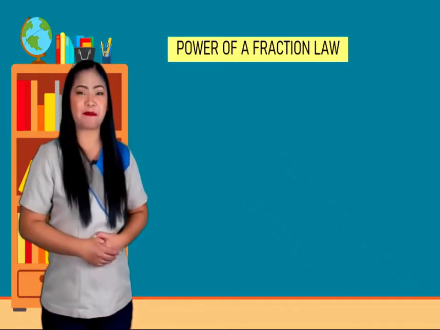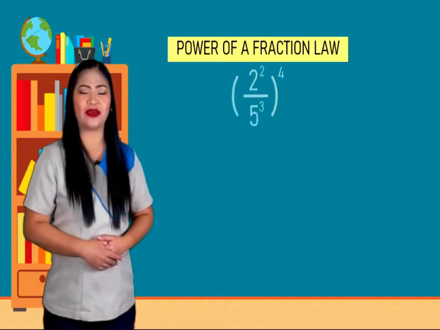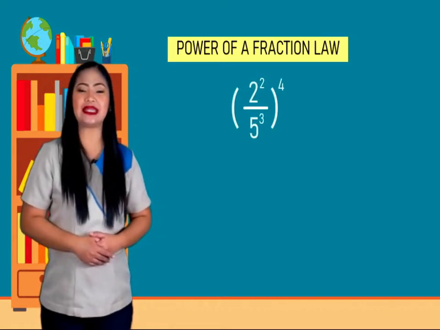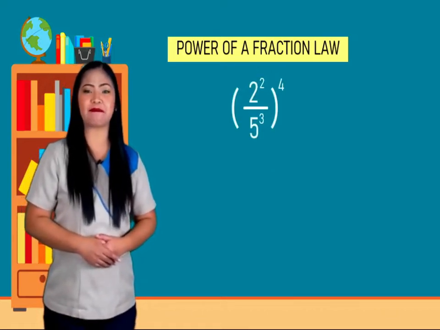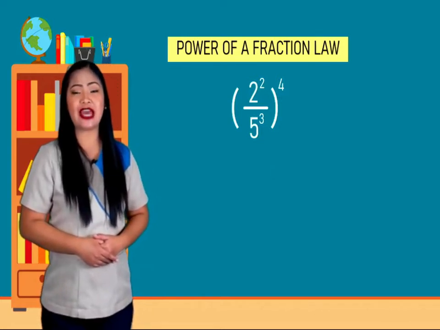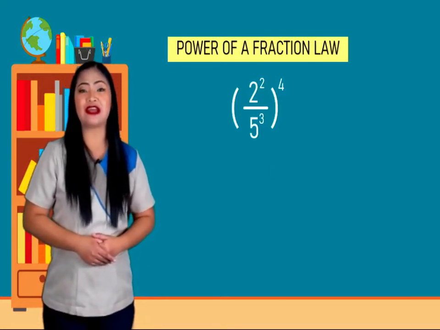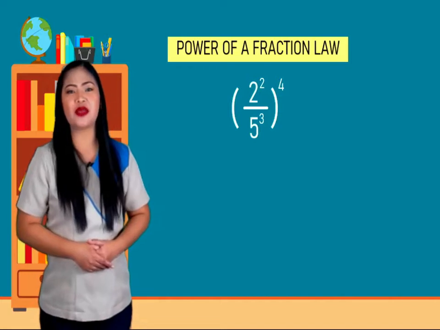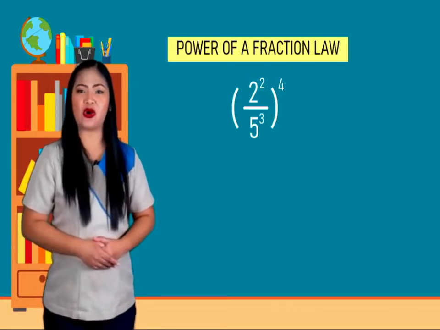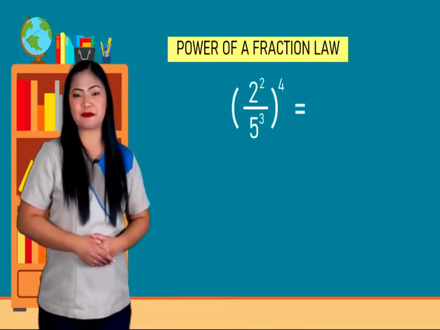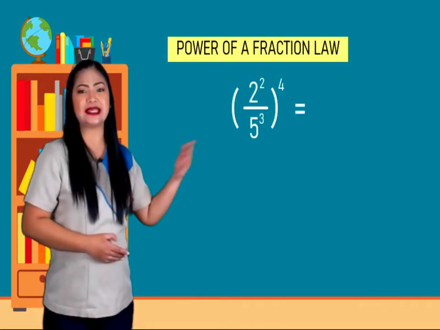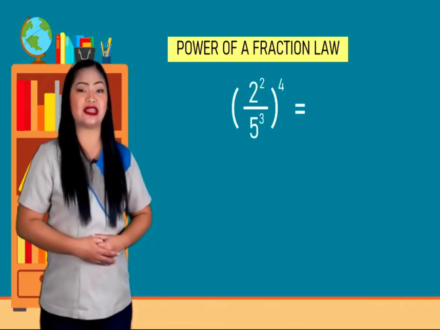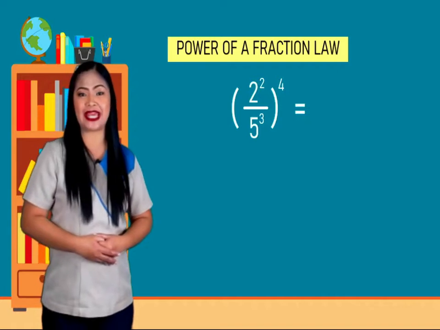Another one is the power of a fraction law. If we have the quantity of 2 raised to the 2nd power over 5 raised to the 3rd power raised to 4, by power of a fraction law, we multiply the exponent outside the parentheses to each exponent in the numerator and the denominator.